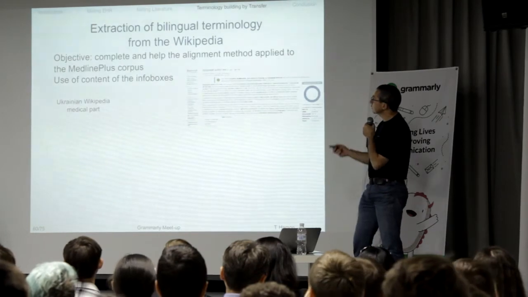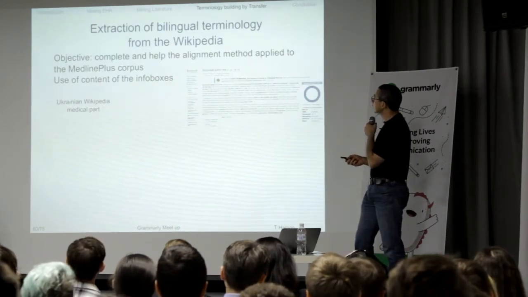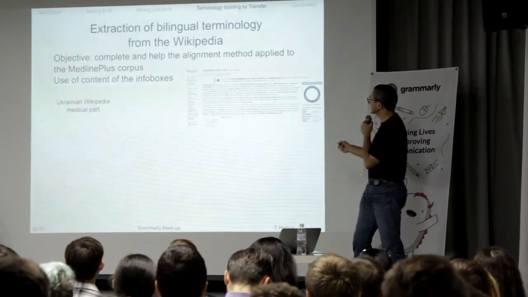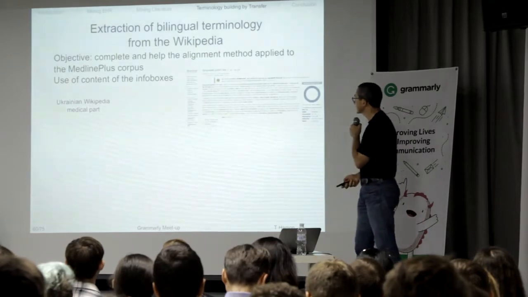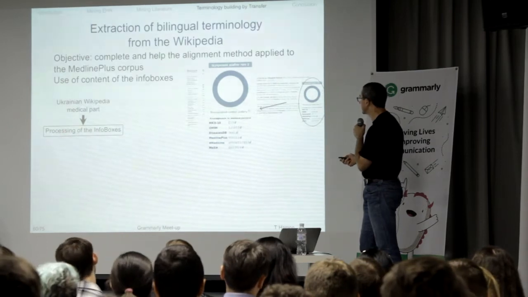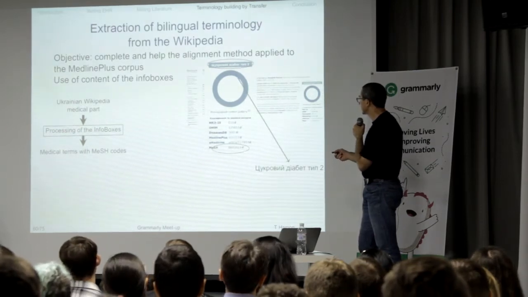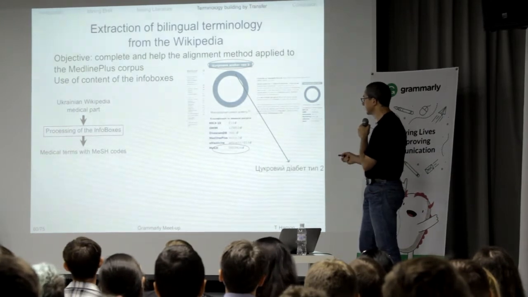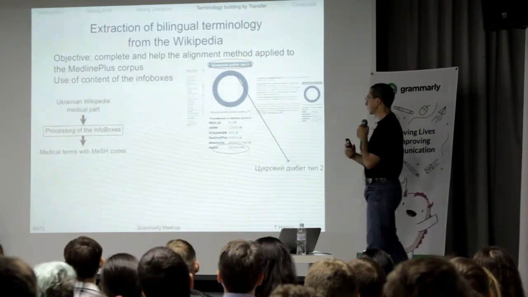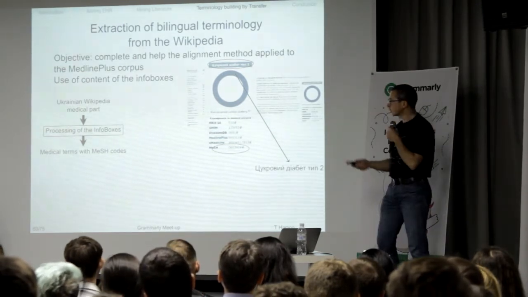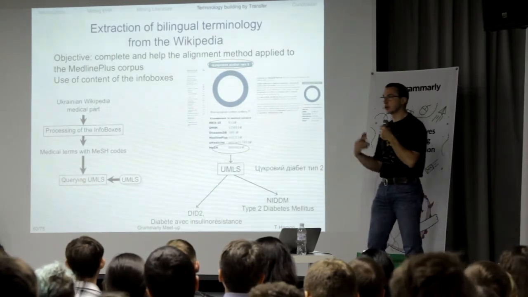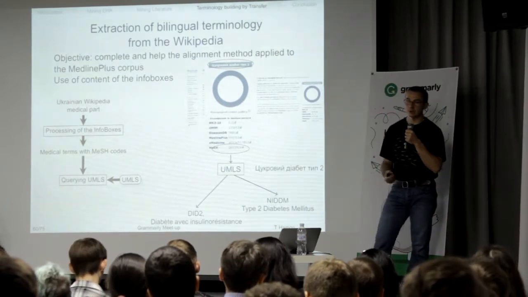The first part of the work was to process the Infobox. We identify the Infobox in the Wikipedia pages, and we try to identify the MeSH code in the Infobox. And when we have the MeSH code, we have a win, because MeSH is inside UMLS. UMLS is a collection of terminology in different languages.